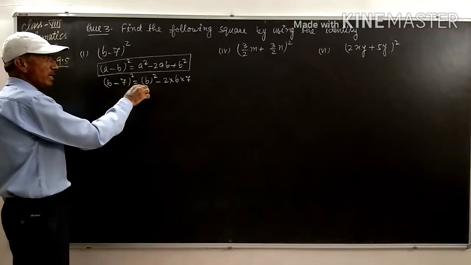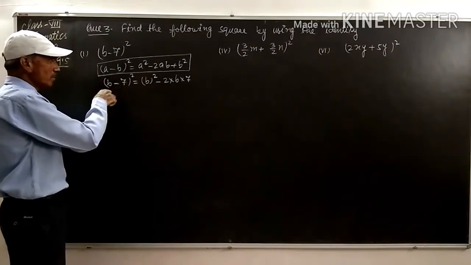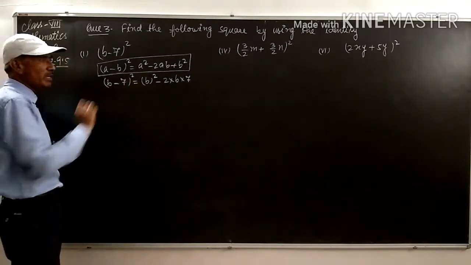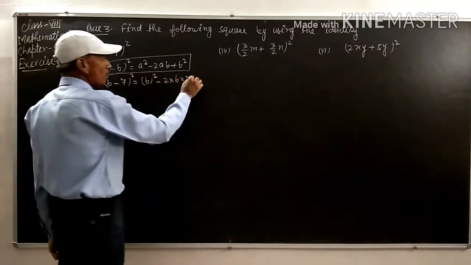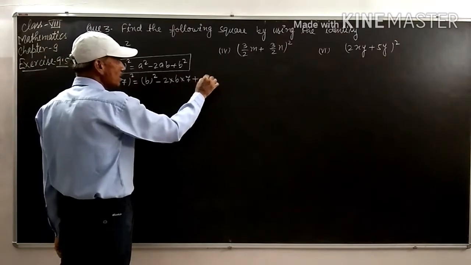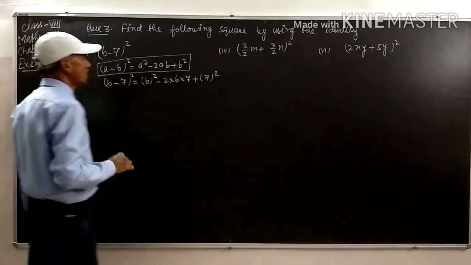That is a square, it means b, because in place of a there is b, a square minus 2ab plus b square, it means 7 square.